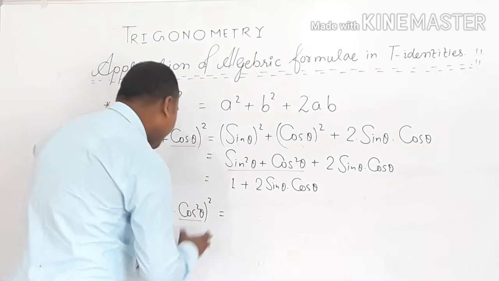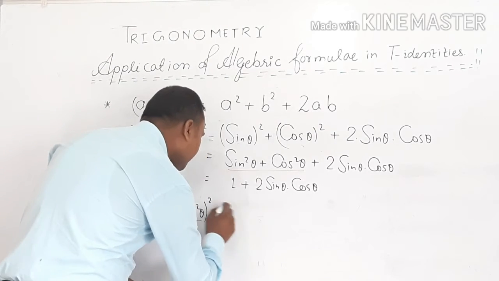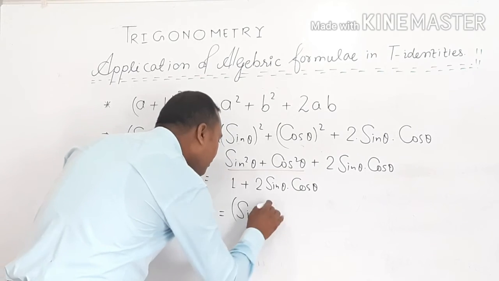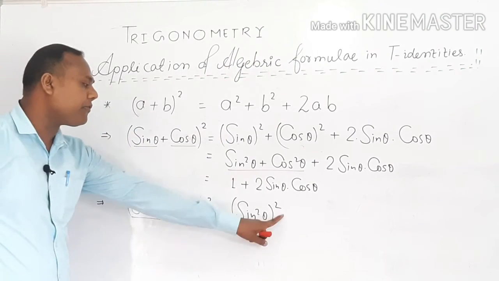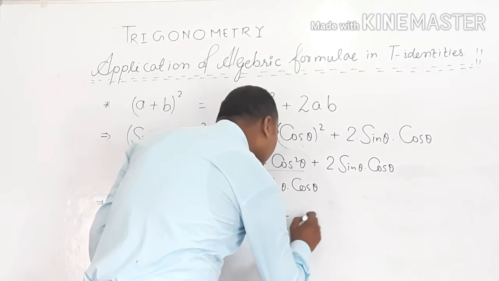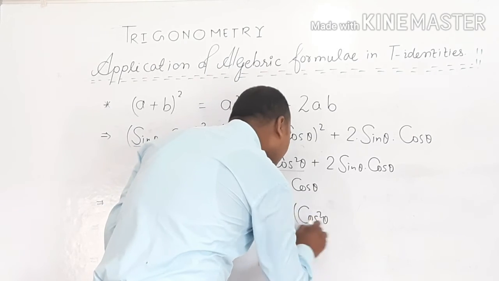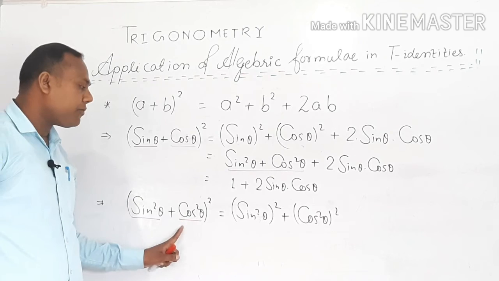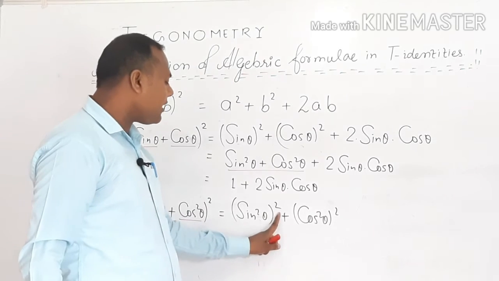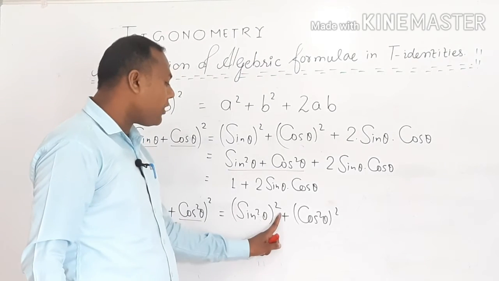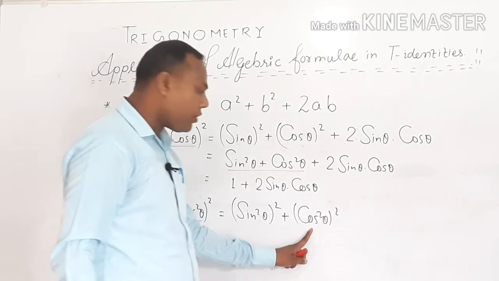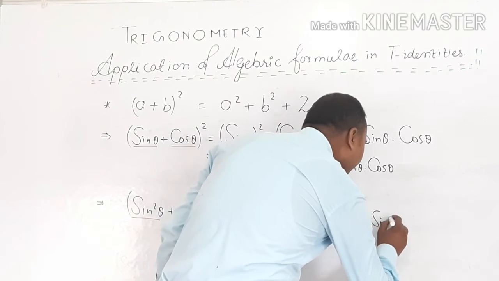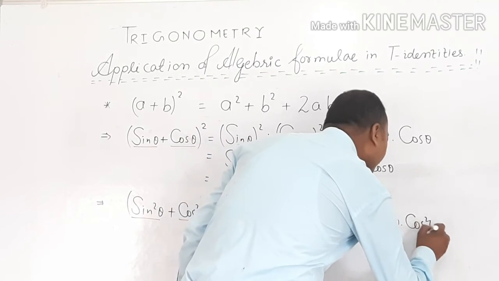So we can break it as sine square of theta the whole square, that means first term the whole square, plus cos square of theta the whole square, because the second term is cos square theta, plus twice of sine square of theta into cos square of theta.